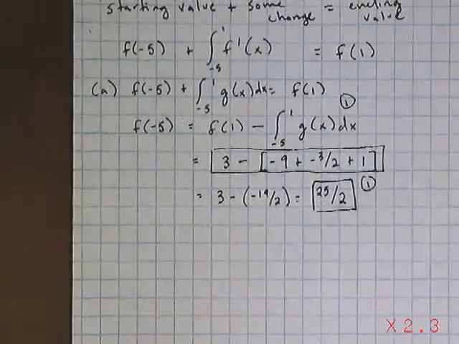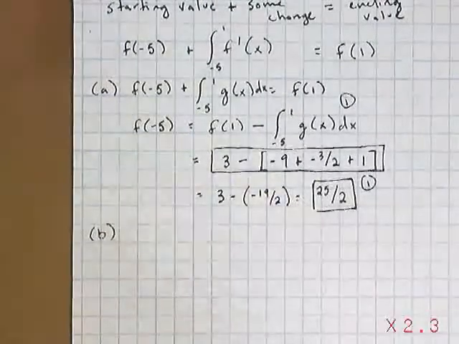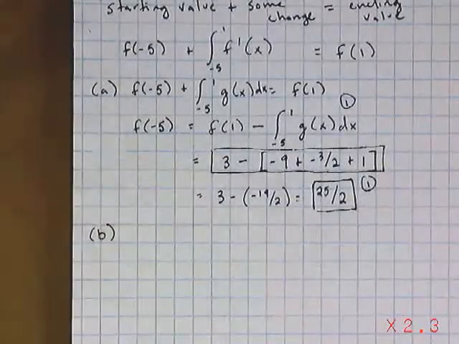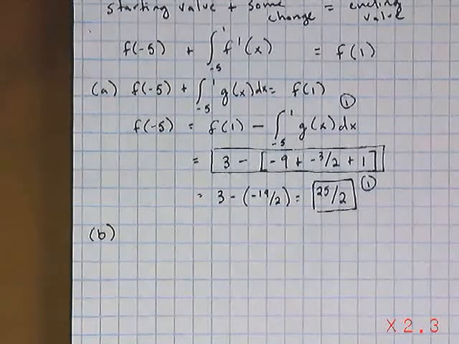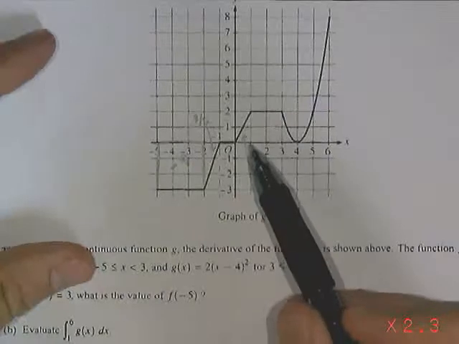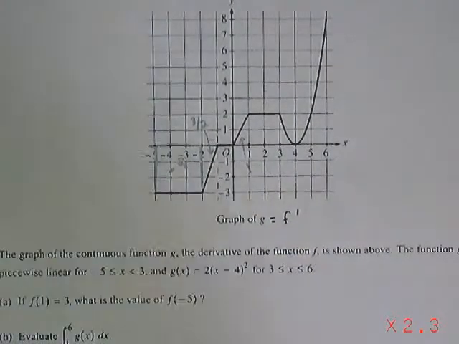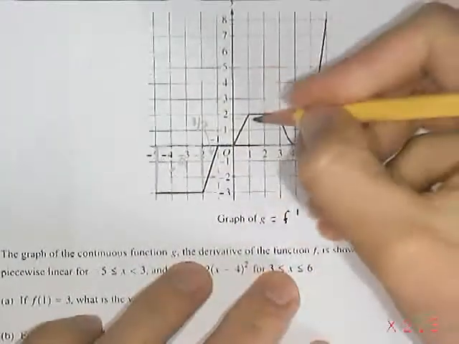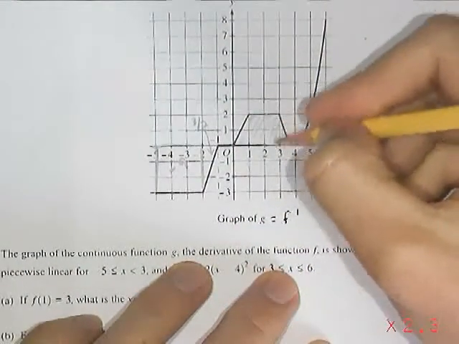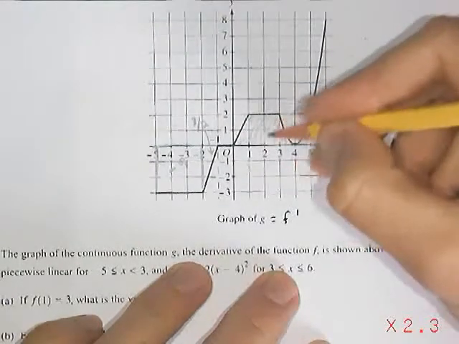Okay, so part B, moving right along, asks us to evaluate the definite integral between 1 and 6. So just from here to here. Let's game plan this before we actually do it. Between 1 and 6, we want all of this area.